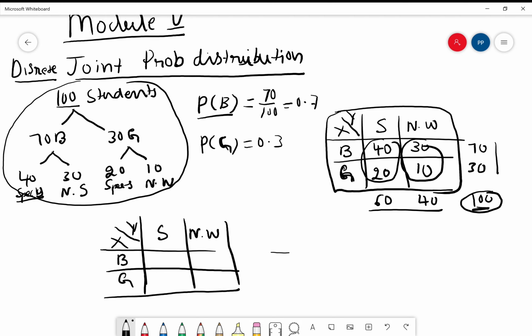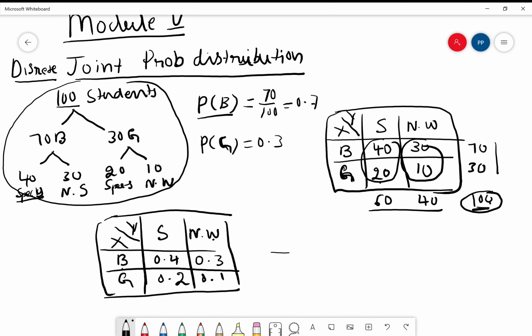A boy wearing specs is 40 by 100, which is 0.4. A boy not wearing specs is 30 by 100, 0.3. A girl wearing specs is 20 by 100, 0.2. A girl not wearing specs is 0.1.